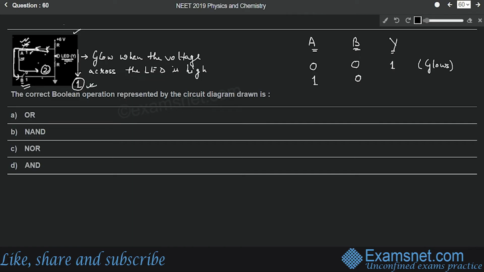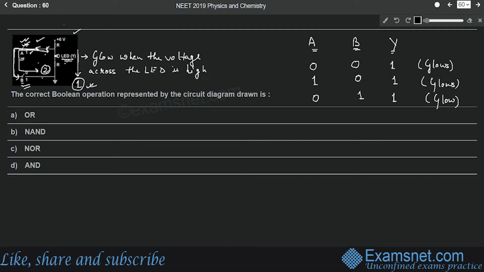So again the output will be 1 because the LED will glow. Similarly, in the third condition, A is off, B is on. Even if any one is off, the current will not be able to follow the second path. It will follow the first path only. So again, the LED will glow.